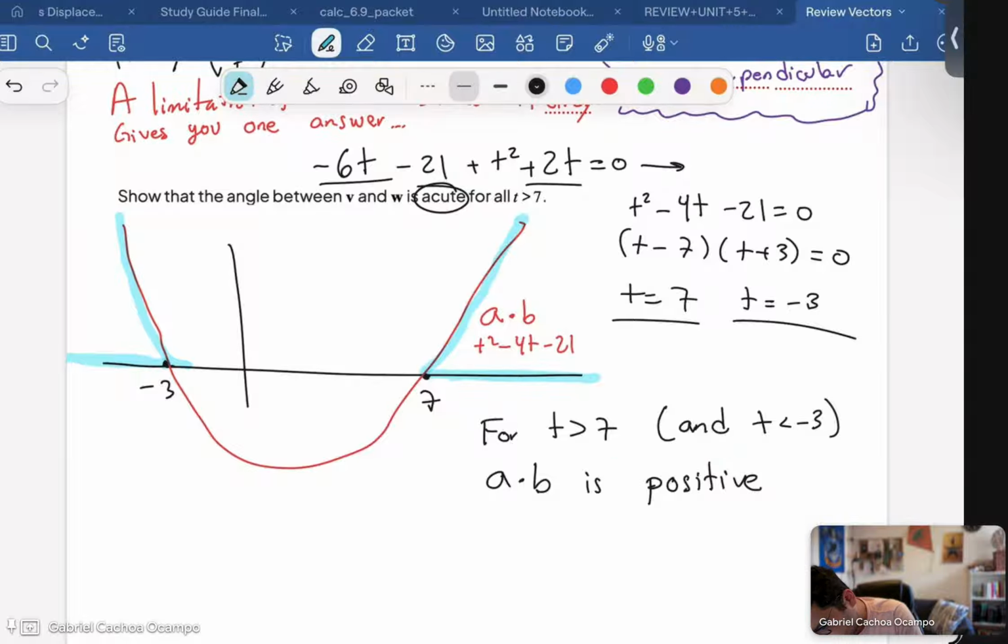And for t greater than negative 3 and smaller than 7, A dot B is negative.